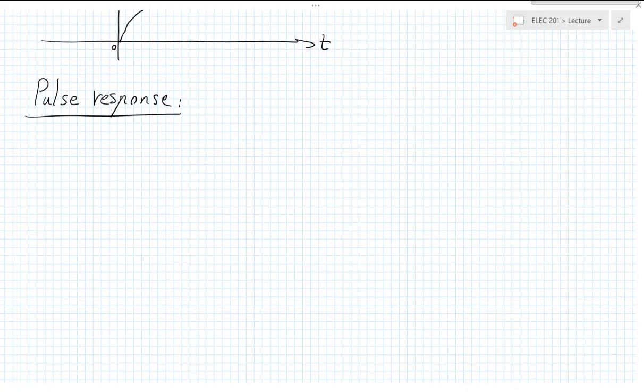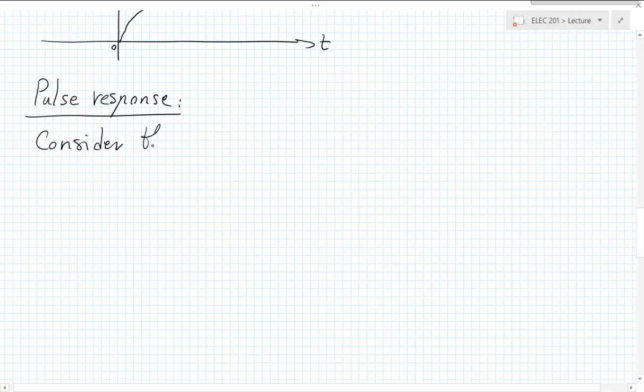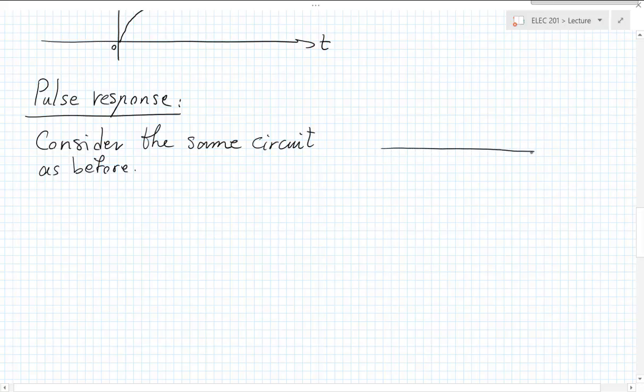So consider the same circuit as above, but for the input, use this.